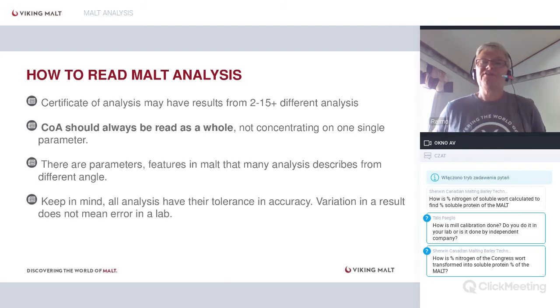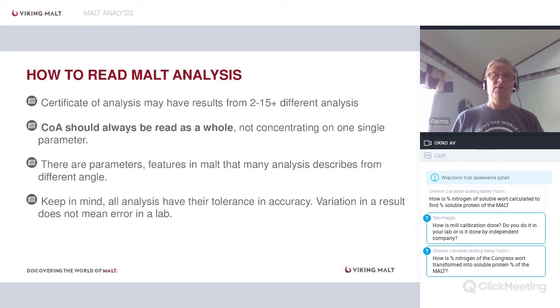But the important thing is that the certificate of analysis, COA, you should always read as a whole. So do not concentrate on one single parameter. Like in a couple of previous pages I showed you, some analyses can vary and give a little bit of false signal, but most likely they are not all varying in the same direction.